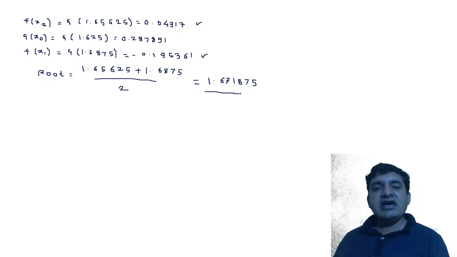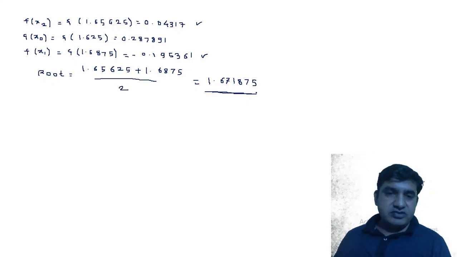So this is the approximate root after fifth iteration.